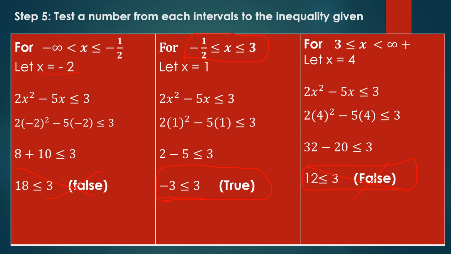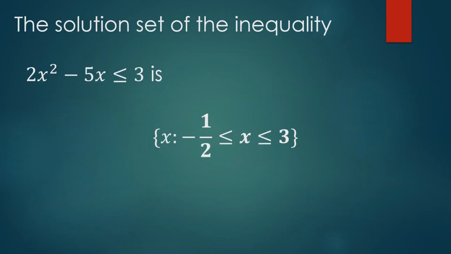Okay, so the solution set now of the inequality is yung interval. So, all the values of x, ito na yung magiging solution set mo. All the values of x such that negative 1/2 is less than or equal to x, and x is less than or equal to positive 3.